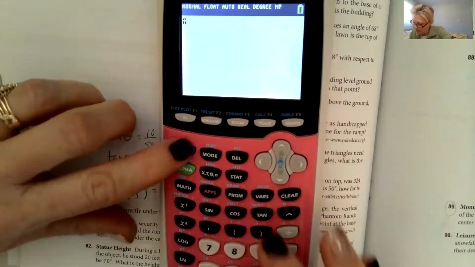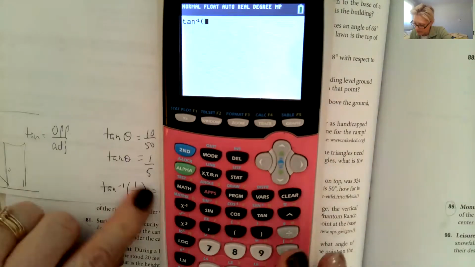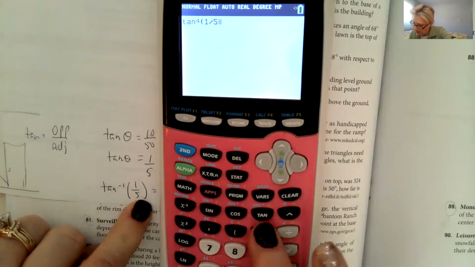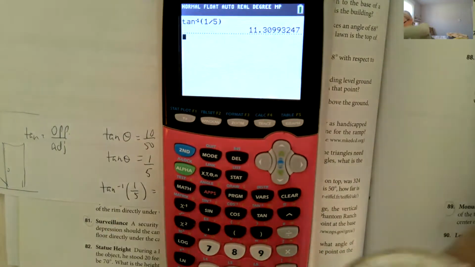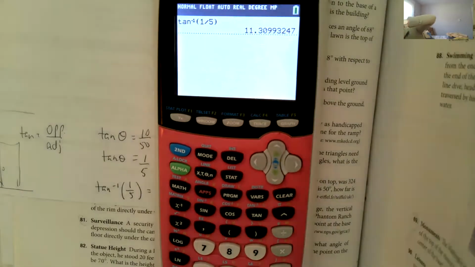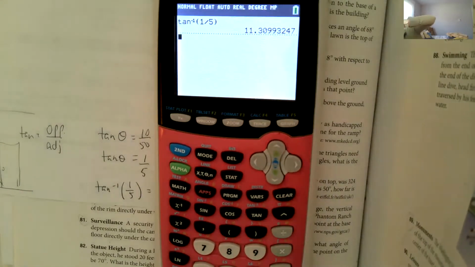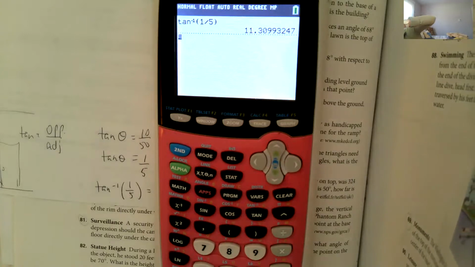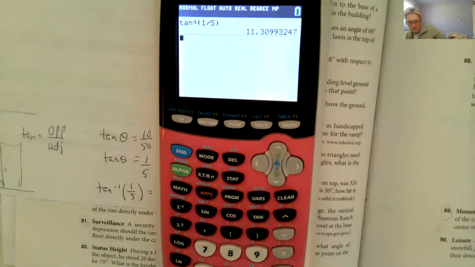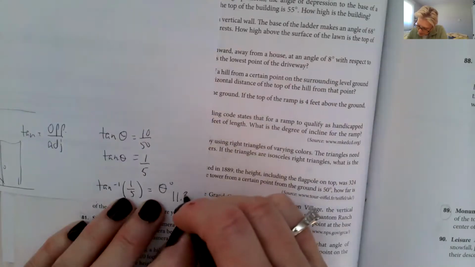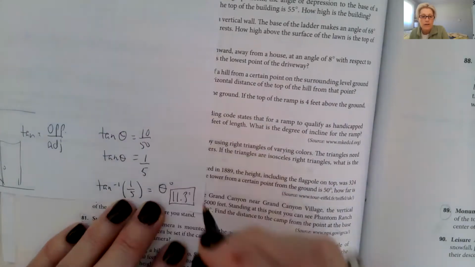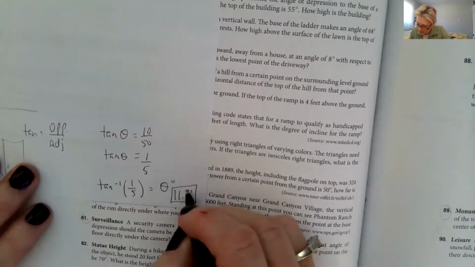Okay, so I'm going to do second and tangent. So it's inverse tangent of 1 divided by 5 will give me 11.3 degrees. Make sure I had that correct from what I had before. So 11.3 degrees.